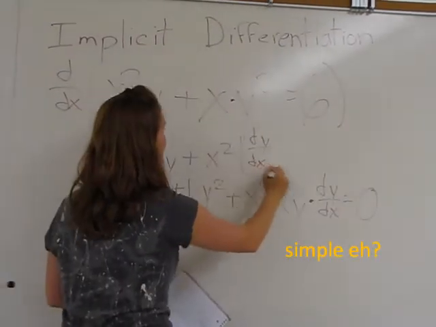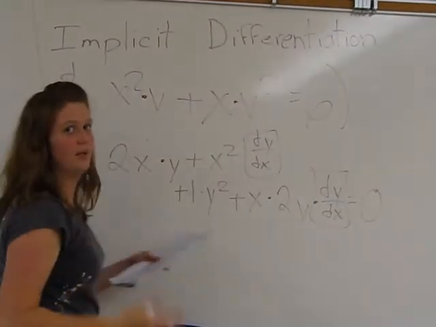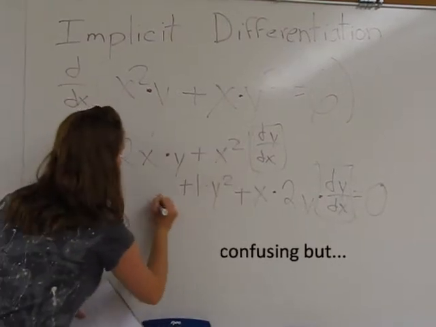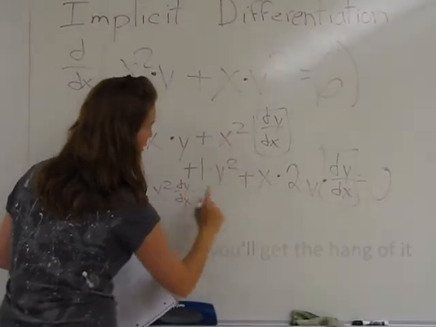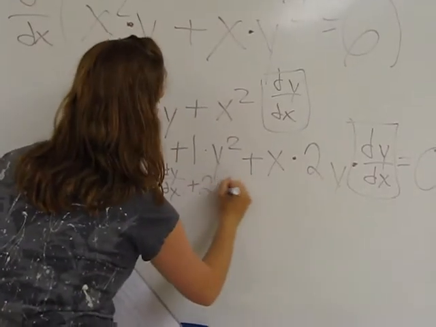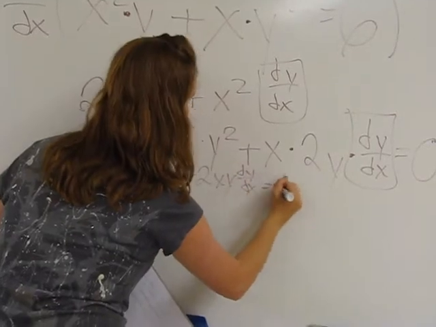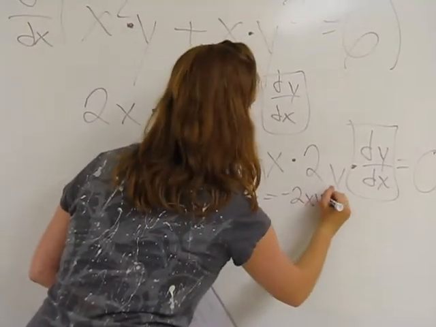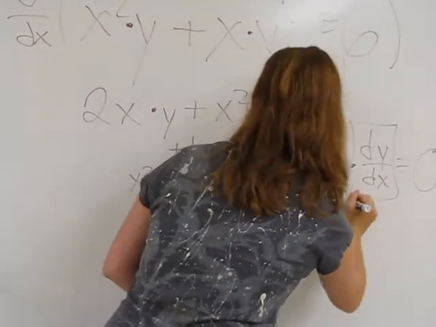You're looking for dy/dx. So all we have to do is rearrange the equation to find dy/dx. Therefore we have x squared dy/dx plus 2xy dy/dx is equal to negative 2xy minus y squared.